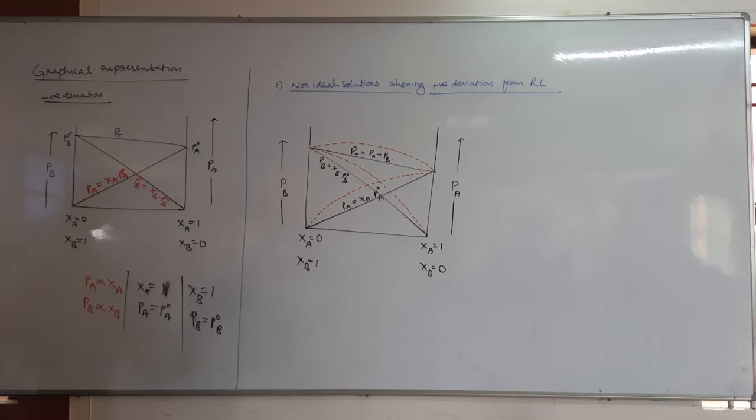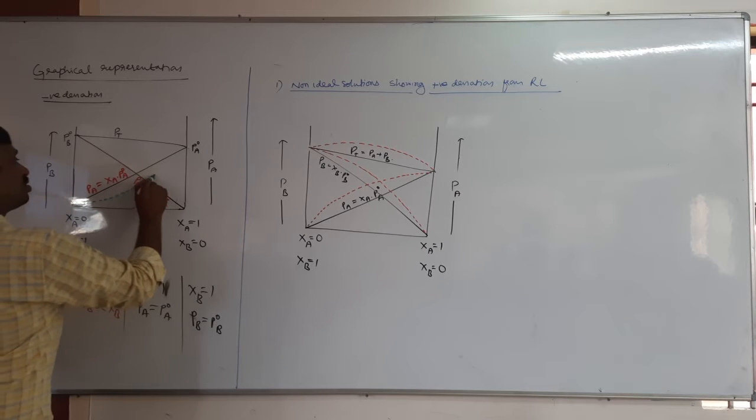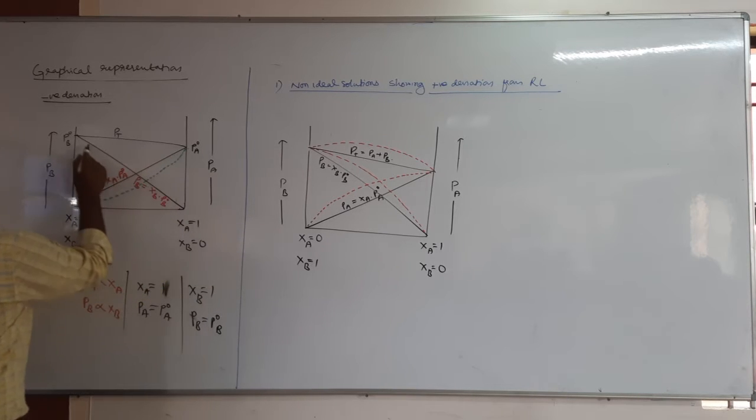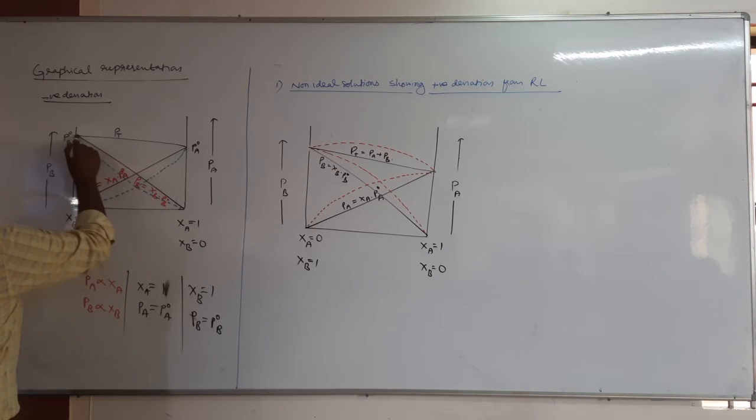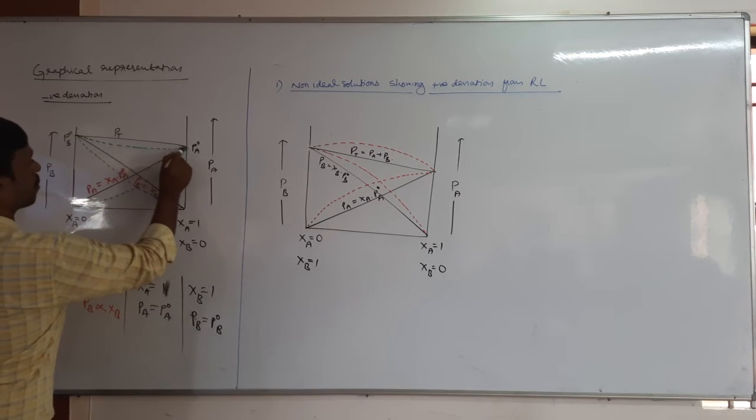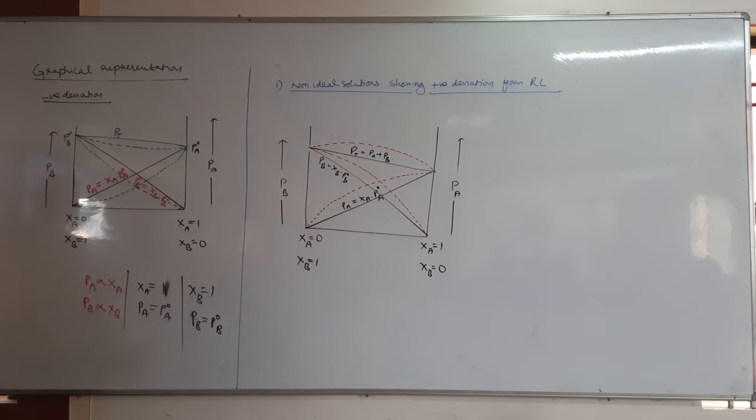Vapor pressure of solution decreases. Since vapor pressure of the solution decreases, you will get the dotted line downwards like this. It is negative deviation. All the things are same.